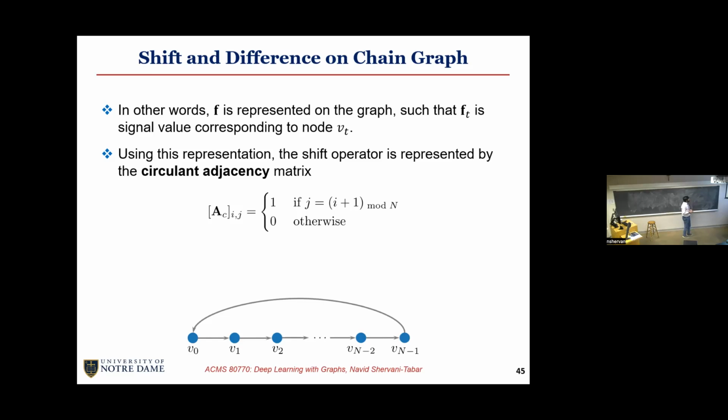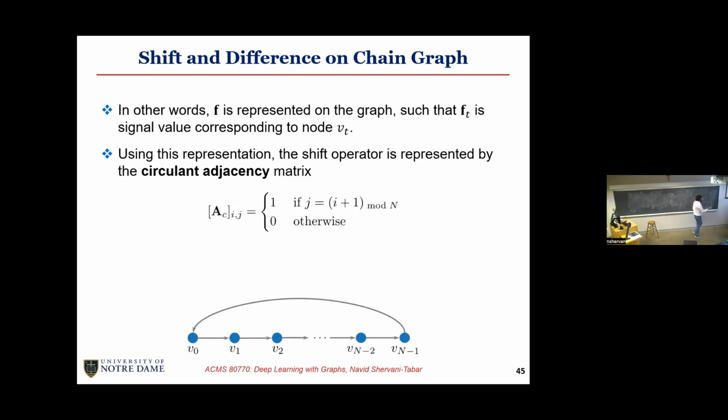For a chain graph or ring graph, I can define the adjacency matrix as a circulant adjacency, where if j is equal to i plus 1 mod n, and this mod n just means that we're finding the remainder after division by n, because the boundaries are periodic, then we will have 1 at that point in our matrix, and every other element in our matrix is going to be 0.